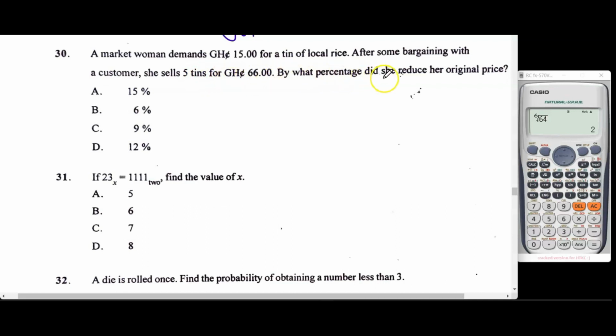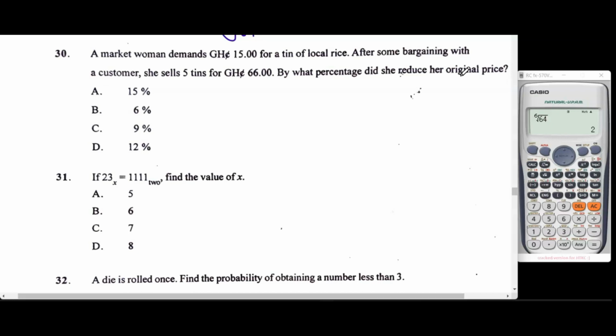By what percentage did she reduce her original price? Very nice question. So in this case, we actually need the percentage decrease value. That's what we need to work out. It's under percentages.